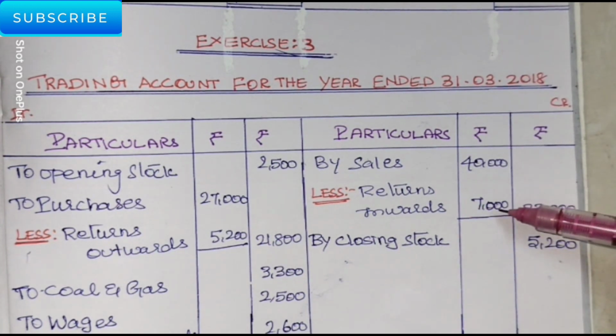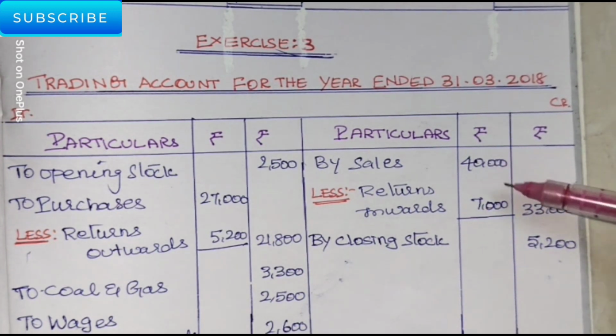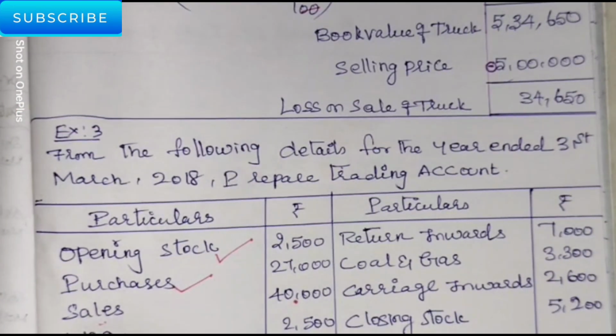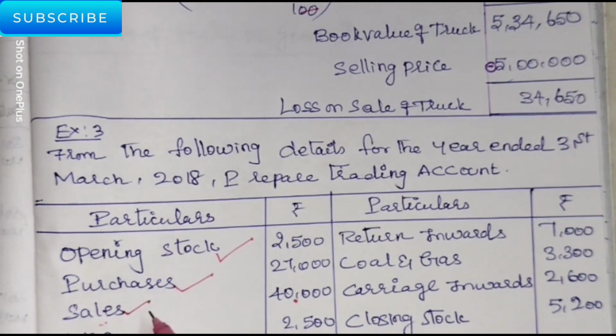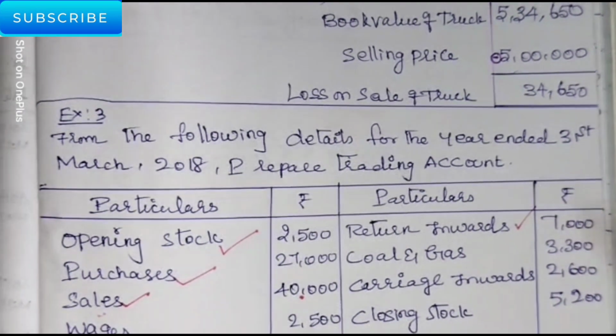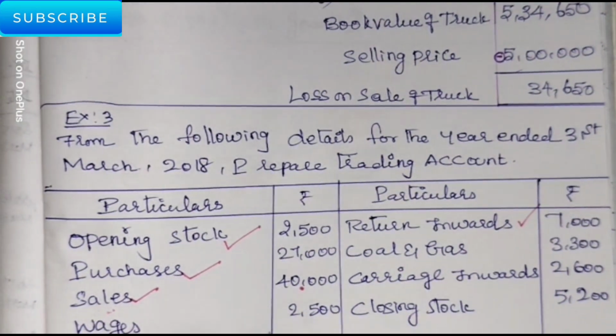Then we subtract 7,000 from 40,000. We will get 33,000. This is the net sales value, entered in the outer amount column. Then we mark the items entered in the trading account: sales account and return inwards account entered. Then we have to see wages.